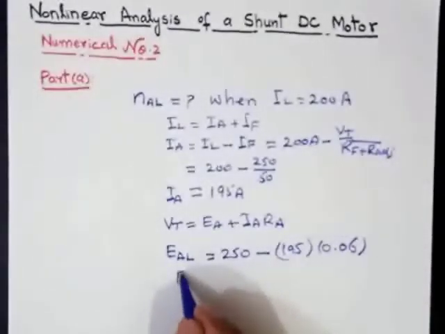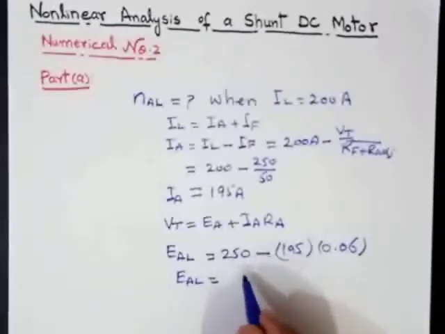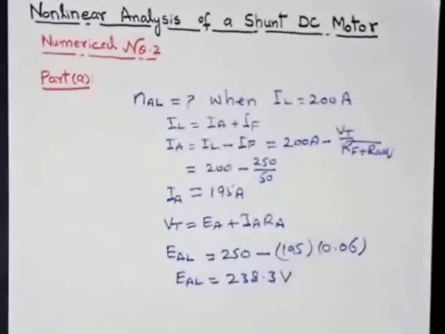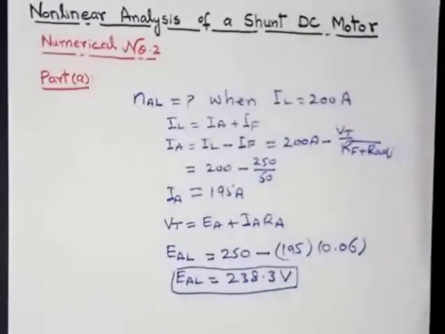By solving this equation, we get EA equal to 238.3 volt. This is the actual internal generated voltage.